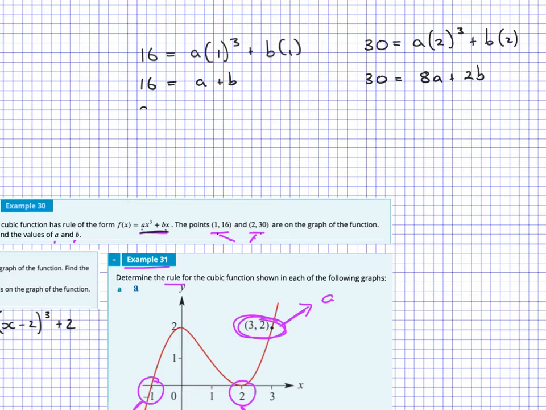I will rearrange this to become A equals 16 minus B. I'll substitute that into here and I end up with 30 equals 8 times (16 minus B) plus 2B. 8 16s are 118. Does that sound right? Nope, I think it's 128. 128 minus 8B plus 2B.